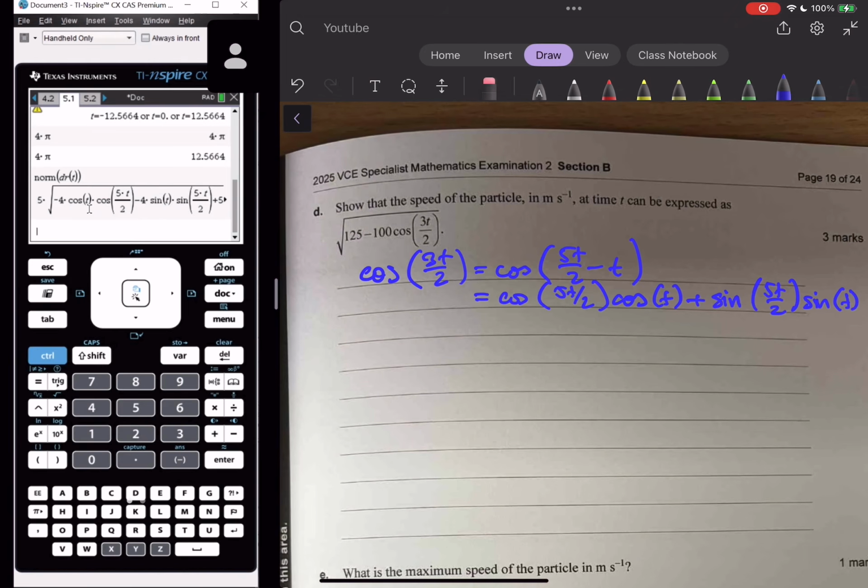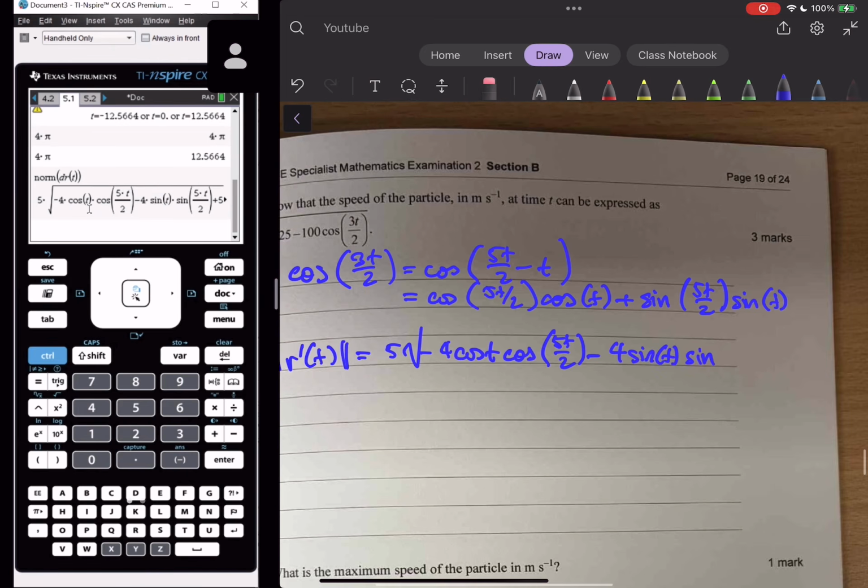So if we just take a look at the norm of r prime of t on our CAS, this is equal to 5 square root of negative 4 cosine of t, cosine of 5t on 2, minus 4 sine of t, sine of 5t on 2, and then plus some extra stuff there, which is just a plus 5.